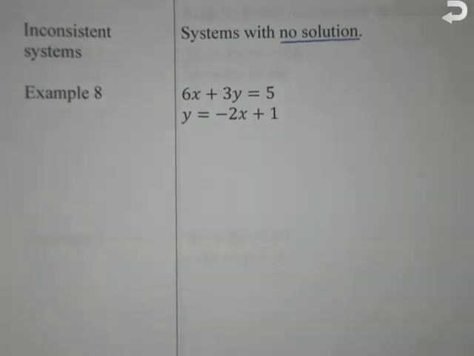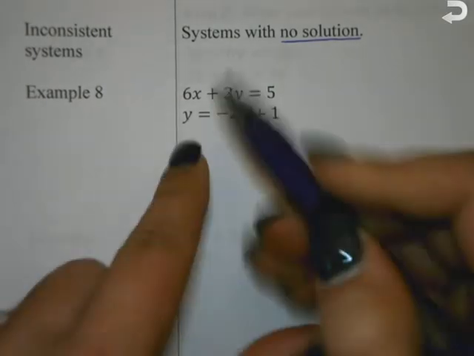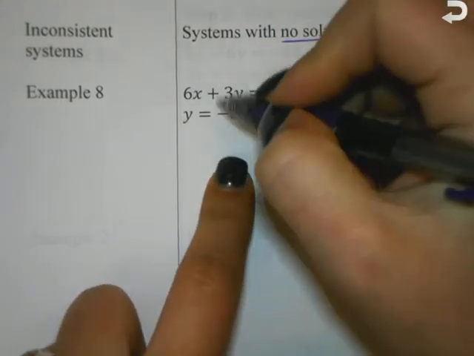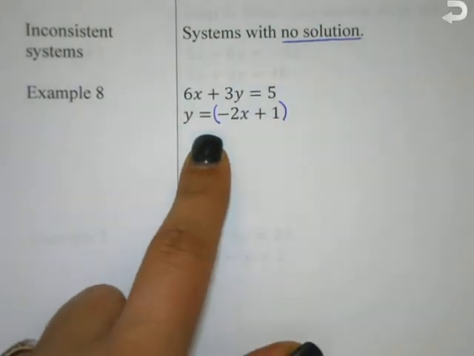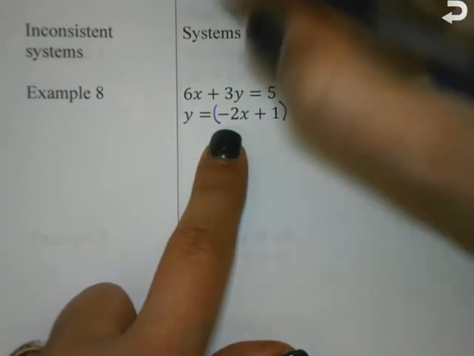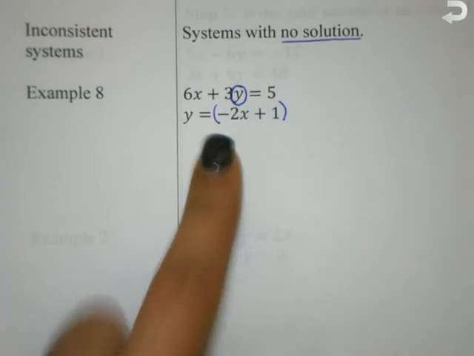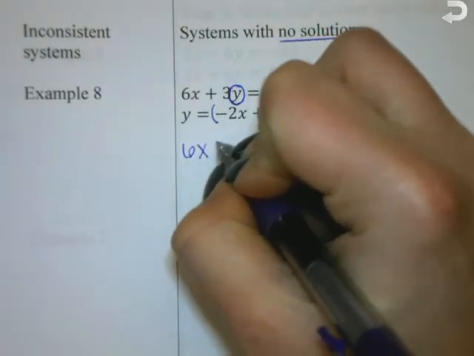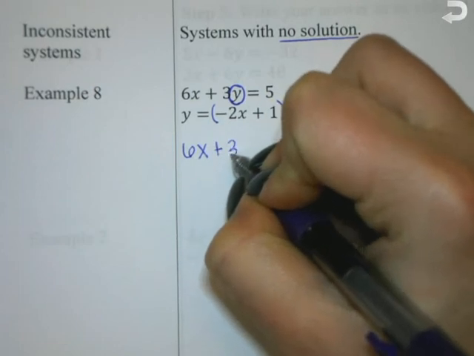Okay, so I have 6x plus 3y equals 5, and y equals negative 2x plus 1. This is already pretty much set up for us, so I'm going to take negative 2x plus 1 and substitute it for y in the previous problem. So that's going to give me 6x plus 3 times negative 2x plus 1 equals 5.